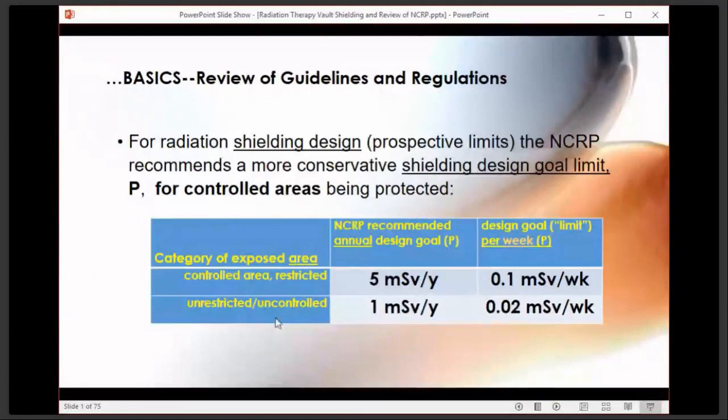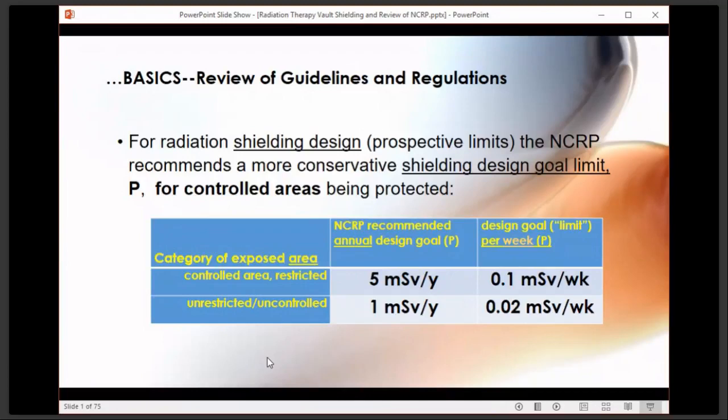And in this table here, we see that the controlled area limit has been dropped by a factor of 10, whereas the unrestricted or uncontrolled area remains the same as it is in terms of the applicable regulatory limit. That's because it's really hard to get down below natural background. Whereas this 10-fold reduction means that there's only a 5-fold difference between controlled area limits and uncontrolled. Again, these are design goals.